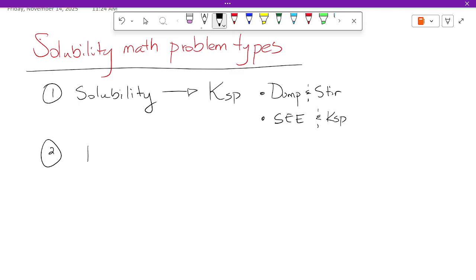If I give you KSP, what can you find? You can find the solubility. In this one, you will need to write a let statement.